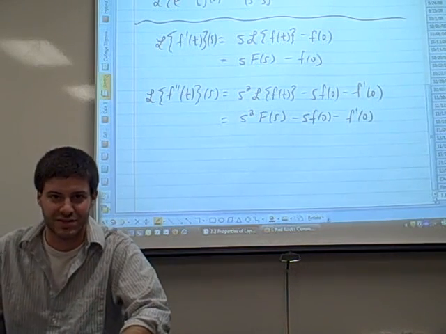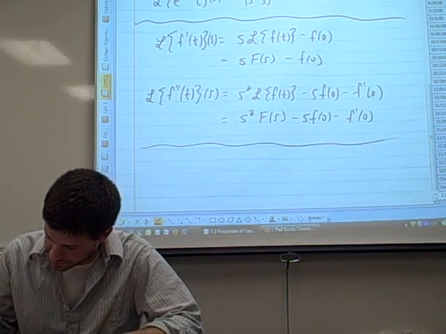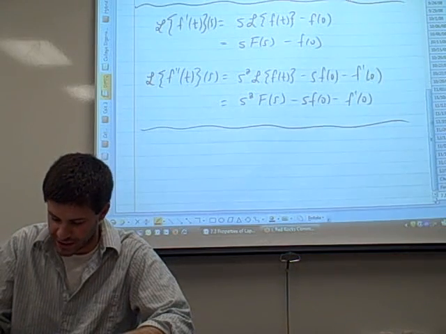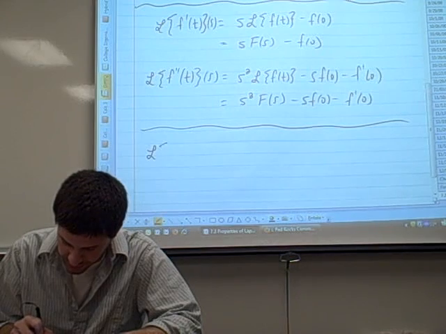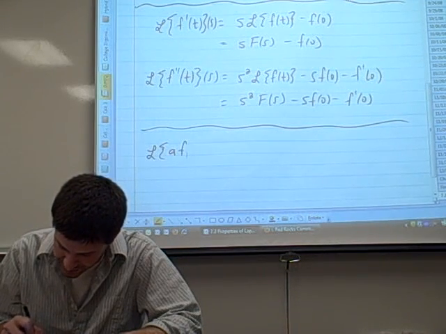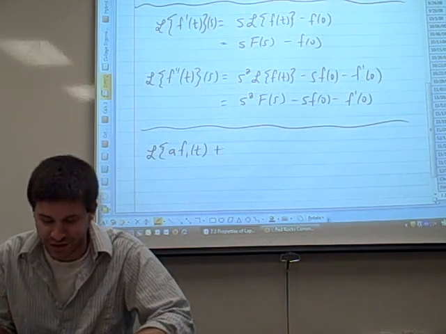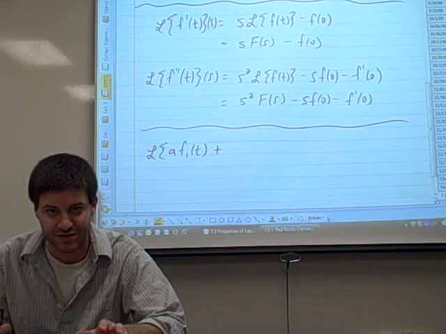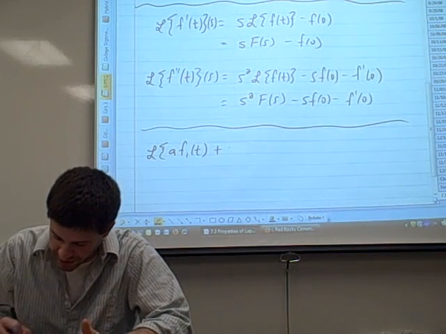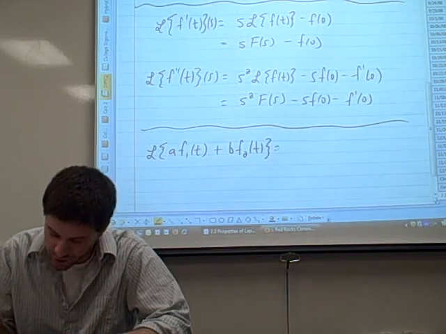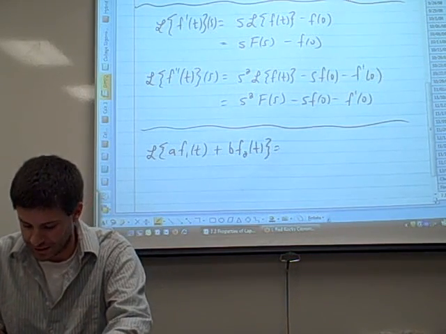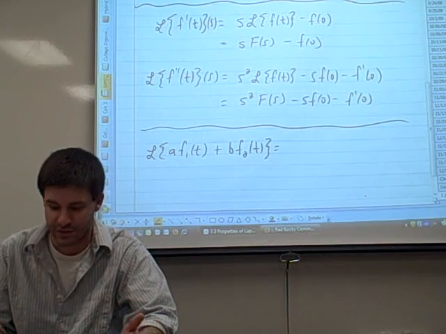The third property, and it's the simplest property of Laplace transforms that I want to mention right now, is that the Laplace transform is actually linear. And what that means is this line right here. If we want to take the Laplace transform of a function that has a constant times a function plus a constant times another function, well, we can just split that thing up just like you would with, say, a derivative.